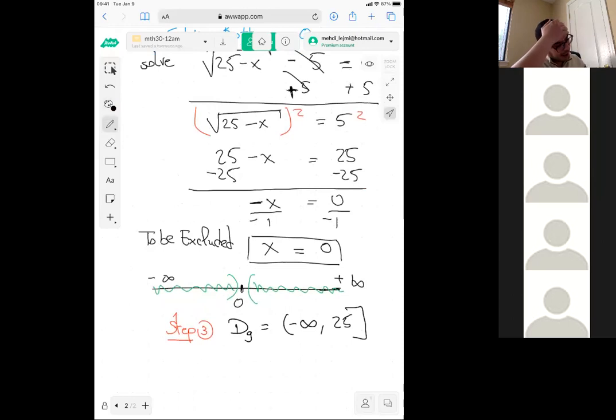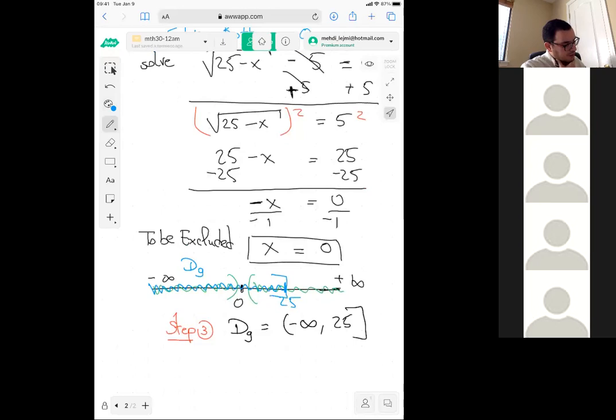Here I have to take the domain of step 2, which is with the 0 excluded. Let's say this is 25, so the domain of G would be from negative infinity to 25, with 25 included. The blue domain is the domain of G, from the first step.